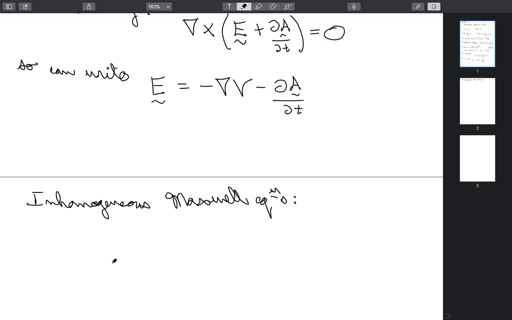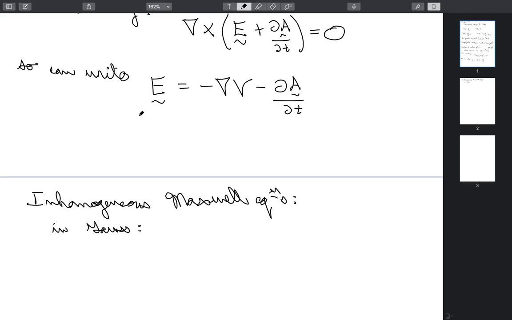Okay, so if I substitute this into Gauss, then what does it tell me?